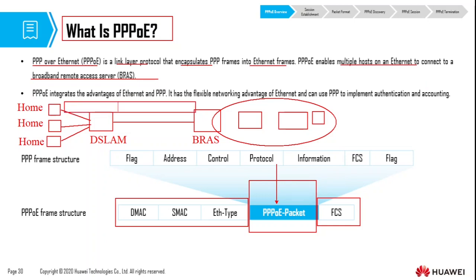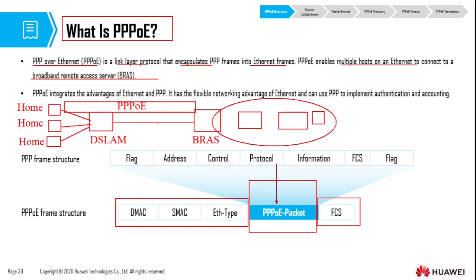So here we use PPPoE, because Ethernet really is the most cost-effective technology among all access technologies used to connect multiple hosts to an access device, and that's when PPPoE is needed so that it can encapsulate these packets over Ethernet.